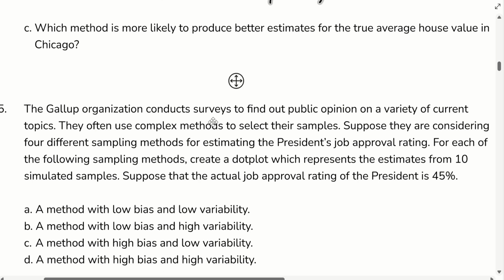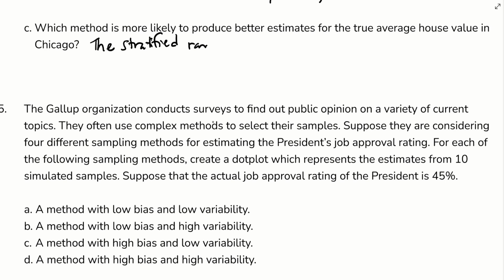Okay, so this one's the stratified random sample.